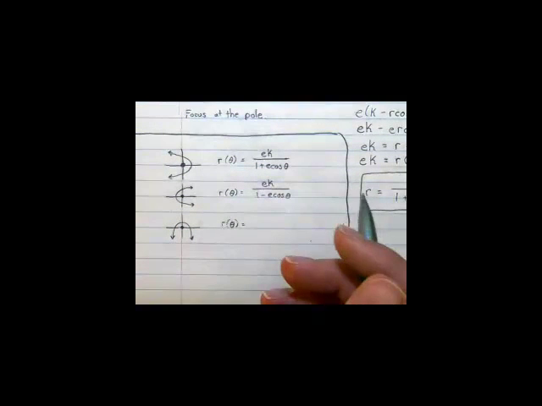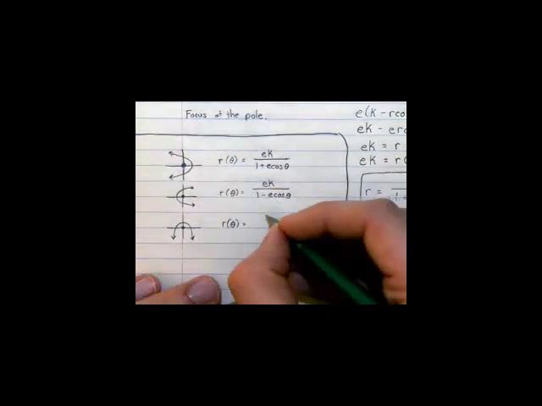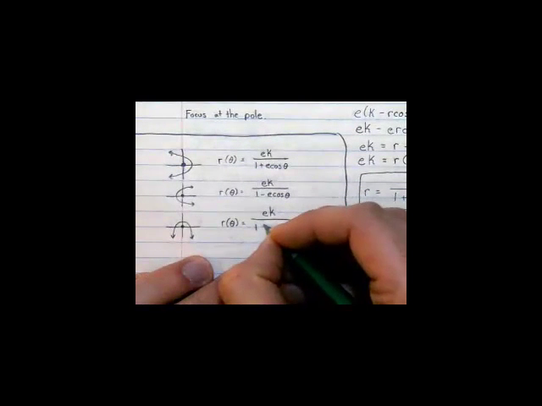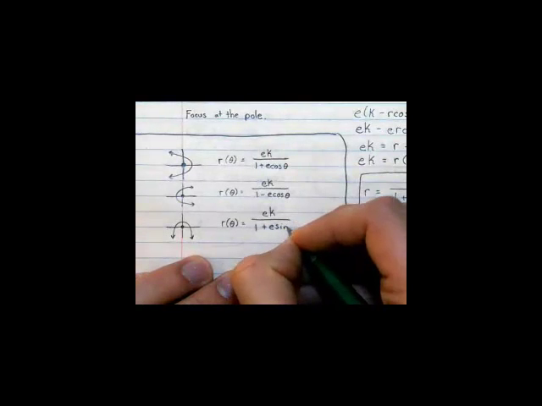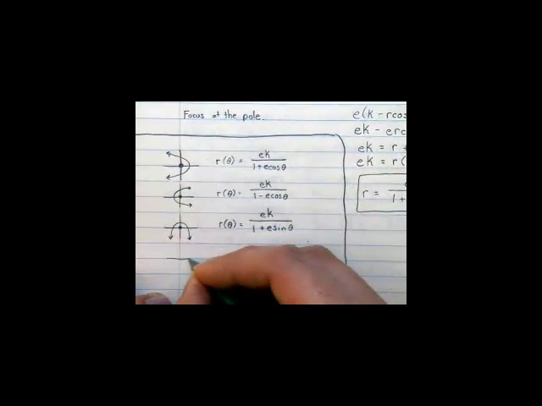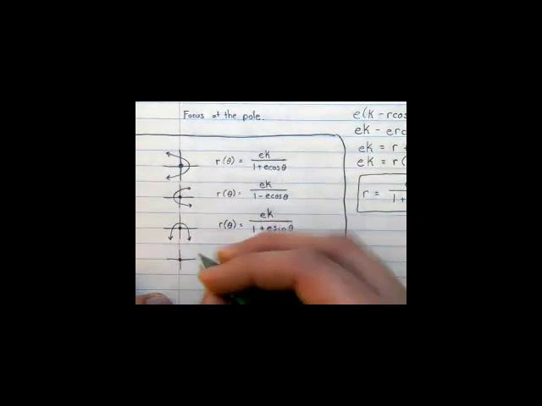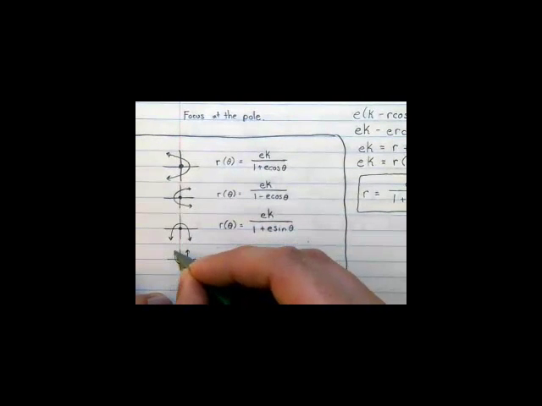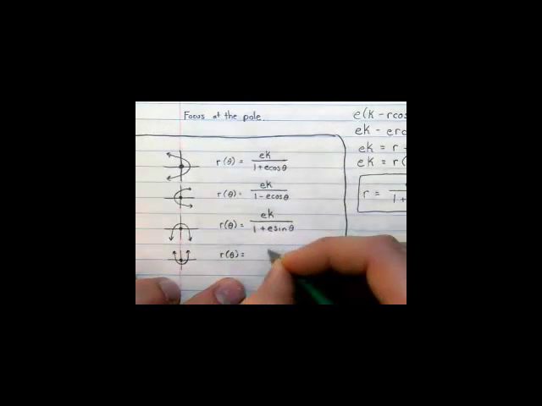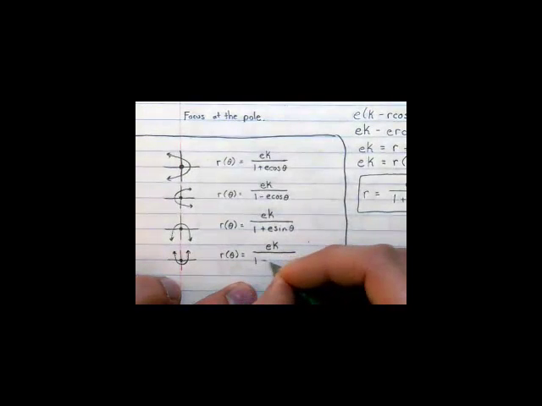So it's the opposite sign of what you would expect. So this would be ek over 1 plus e sine theta. And then if it opens up, ek over 1 minus e sine theta.